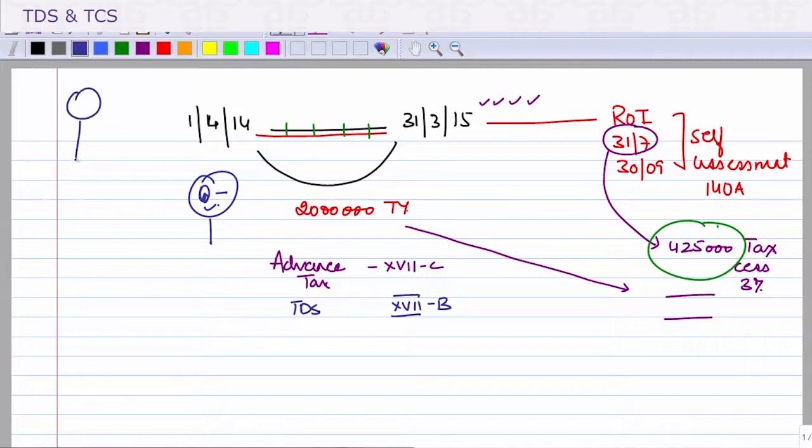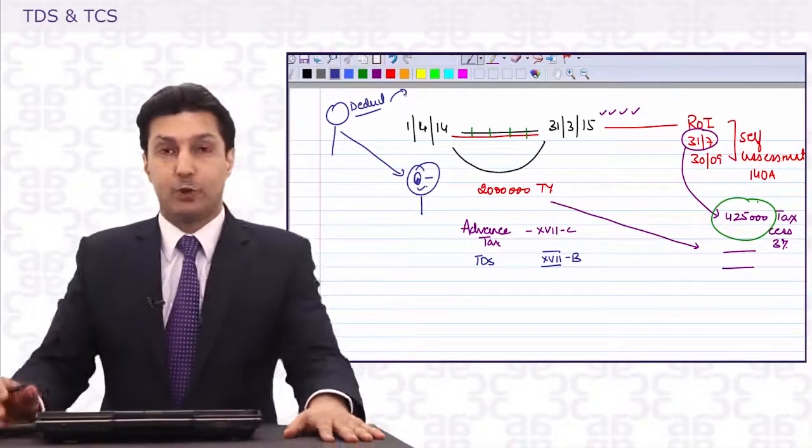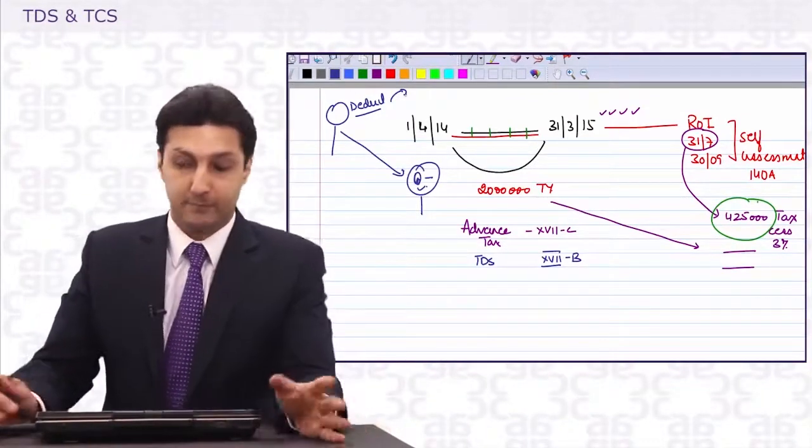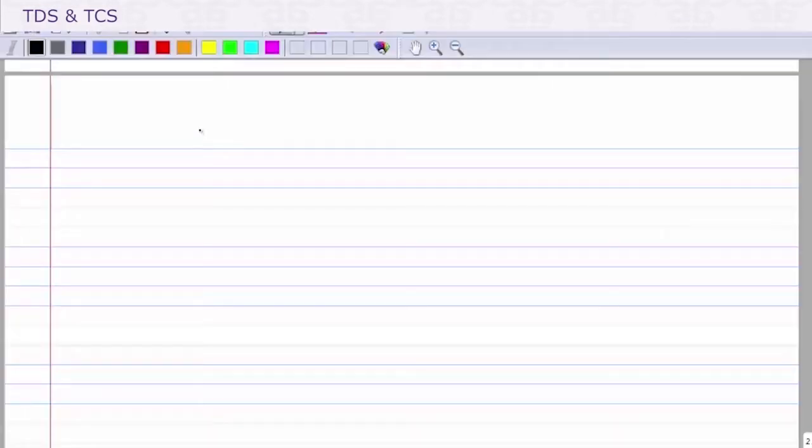So might as well get the guy who's making a payment to him to deduct the tax and deposit it with us. So like you have the employer paying money to the employee. So we say, we have an employer who's going to pay 20 lakhs as salary to the employee.